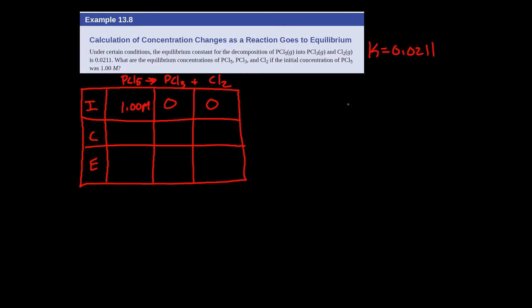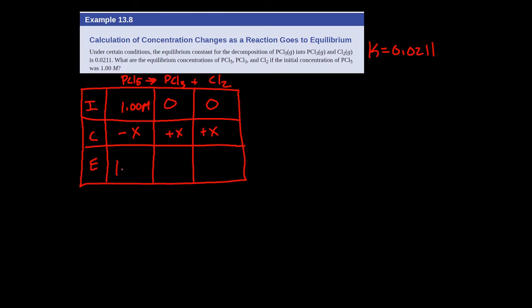So because we're not given any equilibrium concentrations, once again we're going to go straight to our x values here. So we're going to have minus x for this and plus x for both of those, since we have just one of each, or just one of everything, disappearing and appearing.